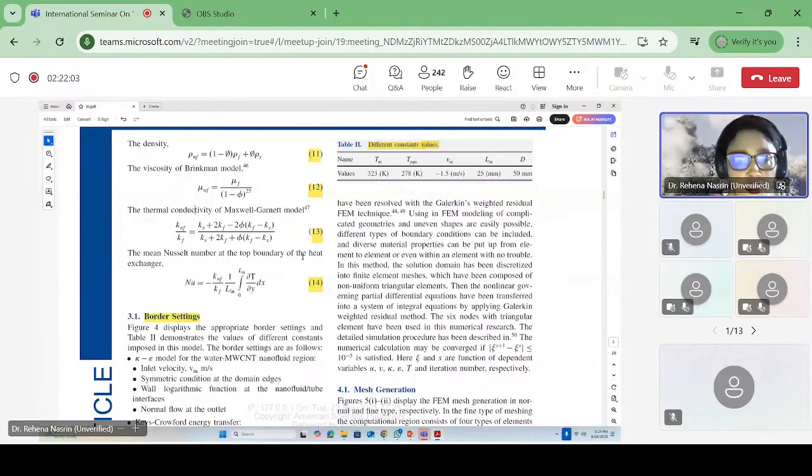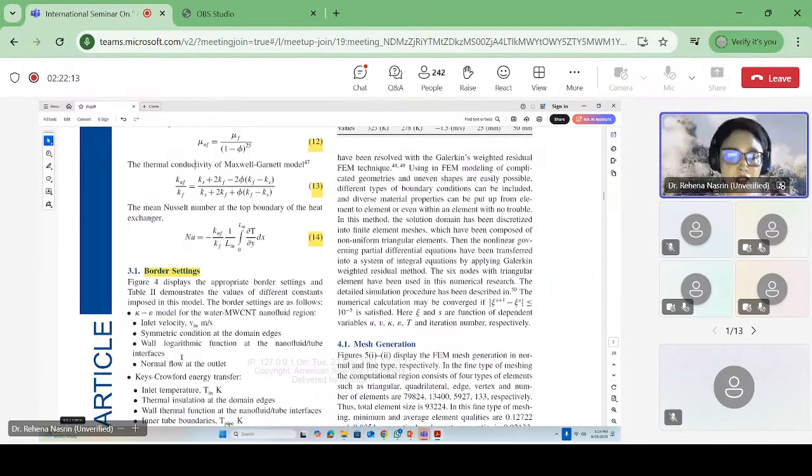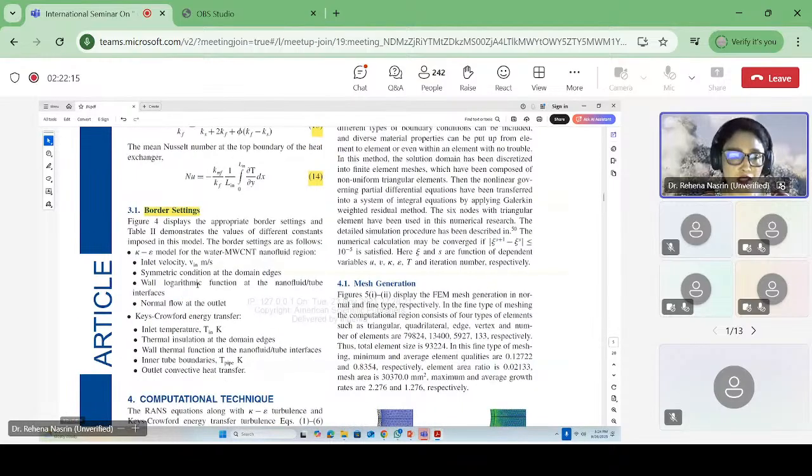And for calculating the average heat transfer rate, we use equation 14. And we have to set the boundary conditions. These are the boundary conditions. Here we consider only steady state conditions.